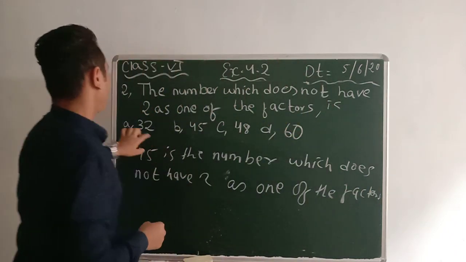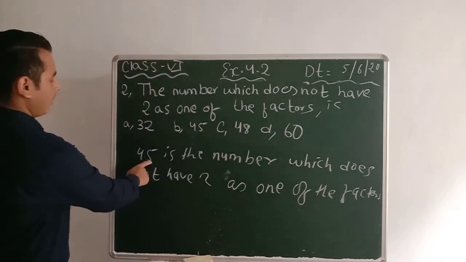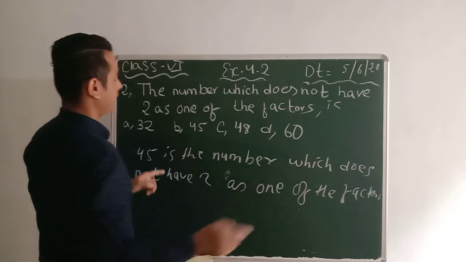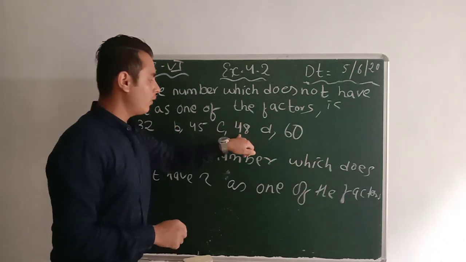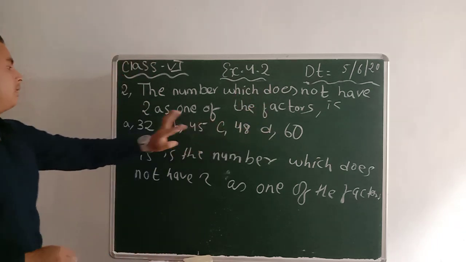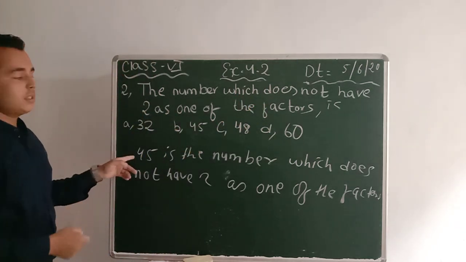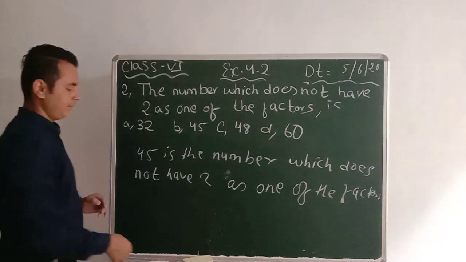Out of these four numbers 32, 45, 48 and 60, 45 is the number which does not have 2 as one of the factors, because in 32 there is 2, in 45 there is not 2, in 48 and 60 there is 2. So the answer will be only 45.